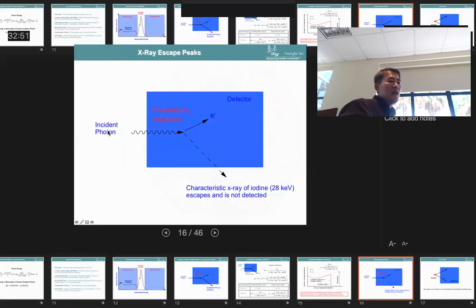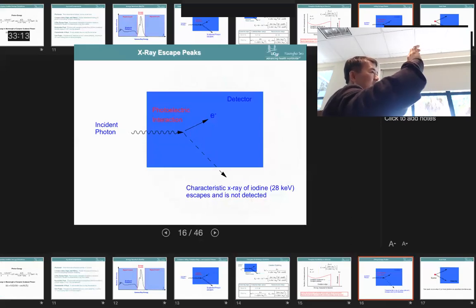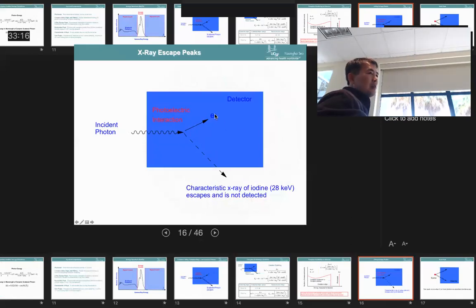When the incident photon interacts primarily with the iodine atom of your scintillator, ionization happens, right? You strip the K-shell electron of iodine by the incident photon. And then that electron is stripped, still recorded, but when an electron transitions into the K-shell, there is an X-ray coming out from that process, right?